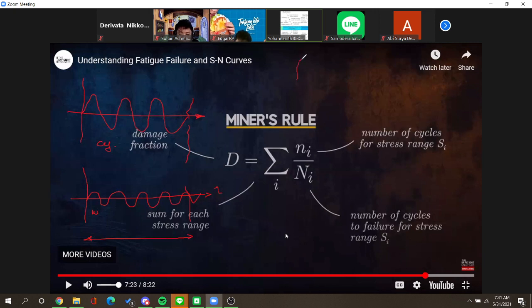Okay, so for a given SN curve, this is S and this is N. So for example, here we have a large amplitude, sigma 1, and here we have the number of cycles to failure, N1.